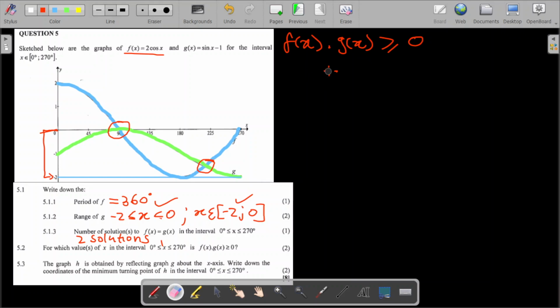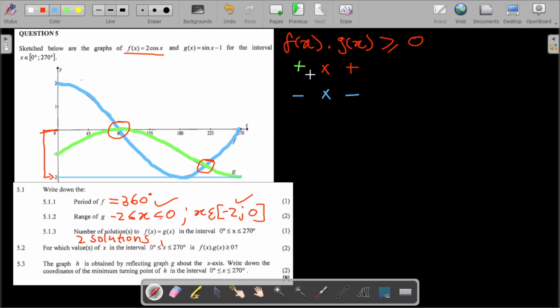It's either this graph here is positive and this graph is also positive, so positive times positive is greater than 0. Or my graph is negative and it's also times another negative. So these two graphs are negative, and if you multiply them, they're going to be greater than 0, because positive times positive gives you positive, and negative times negative gives you positive.